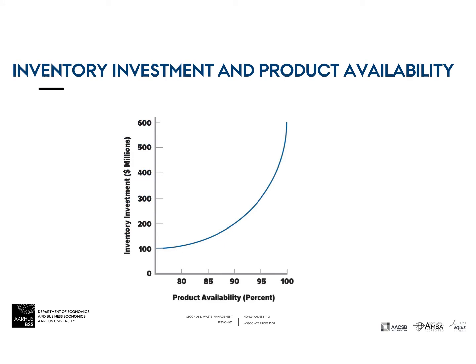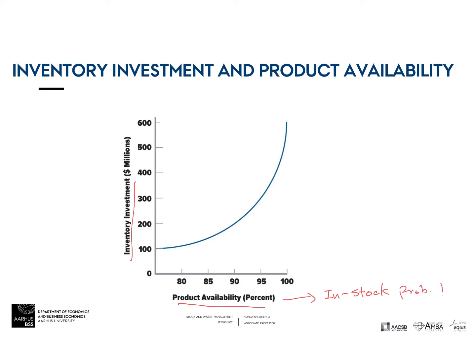This figure shows the relationship between the inventory investment and the product availability. Product availability, if we use a more academic word, is actually called in-stock probability.